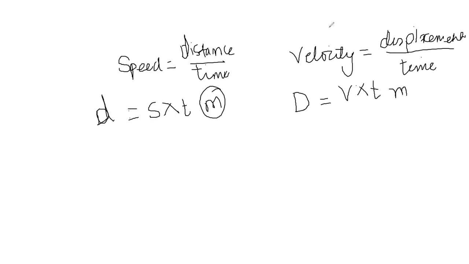What is the difference between distance and displacement? This is the scalar quantity and this is the vector quantity. Why is this so?